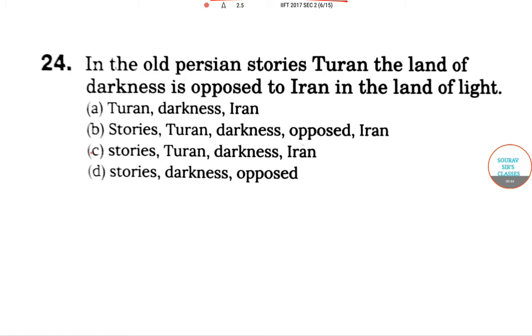Here option C is the correct answer, because we can put the commas after stories, then Turan, then darkness and Iran.